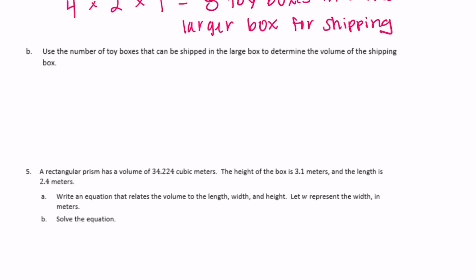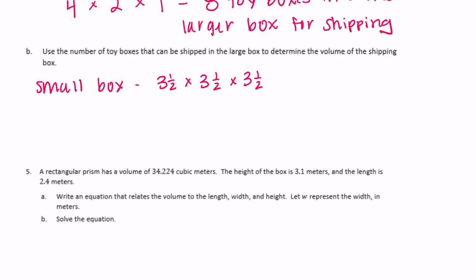Use the number of toy boxes that can be shipped in the large box to determine the volume of the shipping box. So if one small box was 3.5 times 3.5 times 3.5 inches, let's figure out what that is.